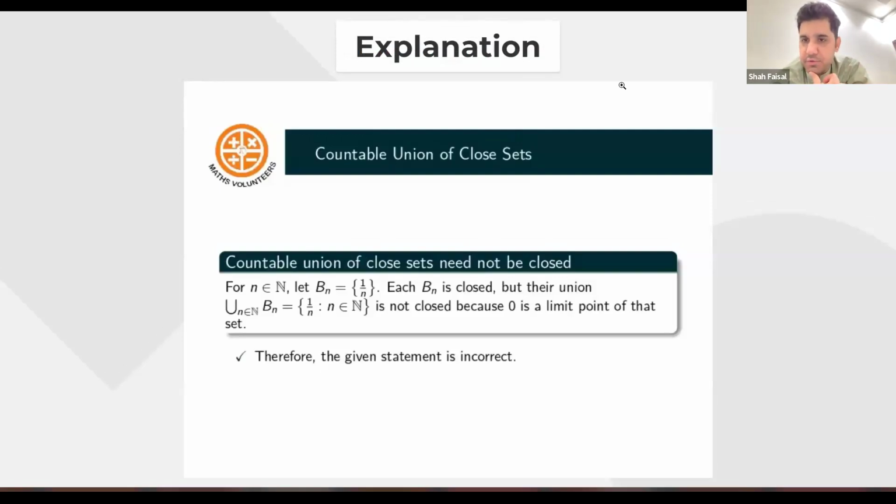You can take even rational numbers: a singleton set which contains a rational number, and then you take the union. That would be a countable union of closed sets, and the rationals are not closed because you can have a sequence of rational numbers converging to an irrational number. The limit points of the rationals are the whole real line. So that's basically another counterexample. Yeah. Very well.